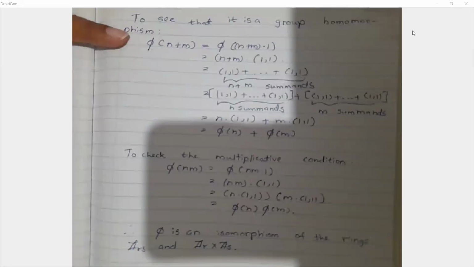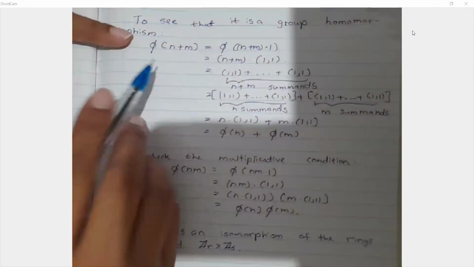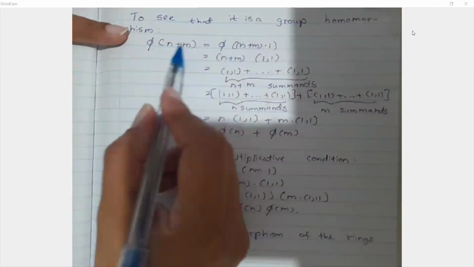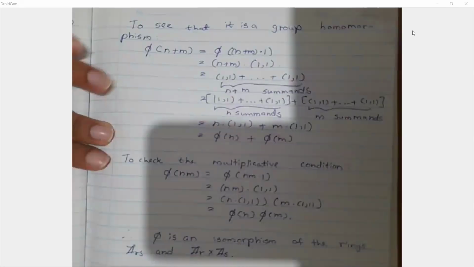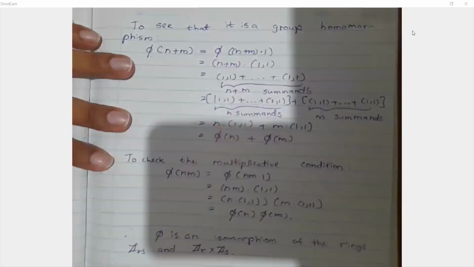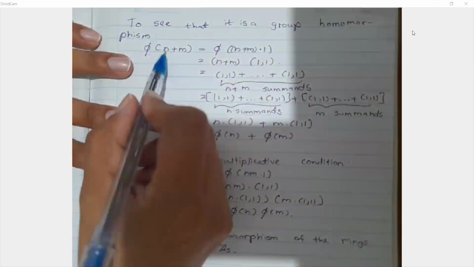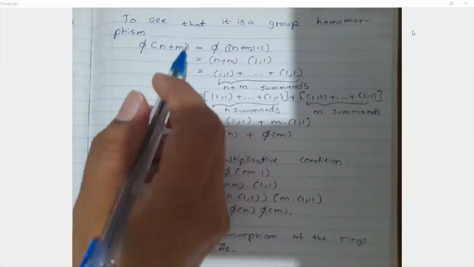I want to come back to this example and correct something. Early on, I said n plus m, taking two integers under usual addition. No. It's actually because we have defined phi on Z_RS. So there is a slight mistake in the way it's written. Phi of n plus m: n and m are taken from Z_RS.